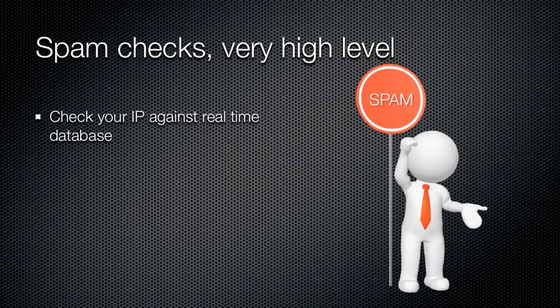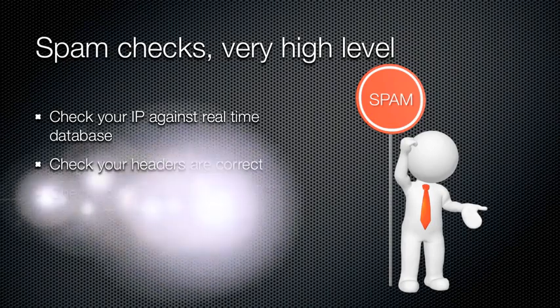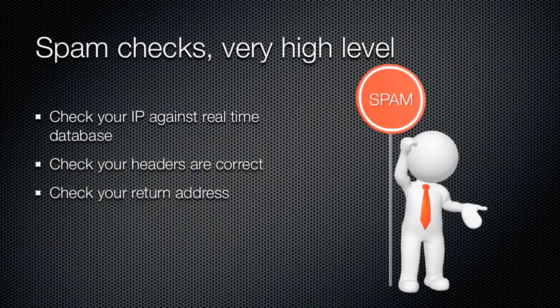After you are past that check, the server will verify the headers you are sending are correct. It may check that the domain from which you claim to send your message exists and that it is registered to send email from this IP. Then it may also check that the return address from your IP corresponds back to the host name you claim to be from.